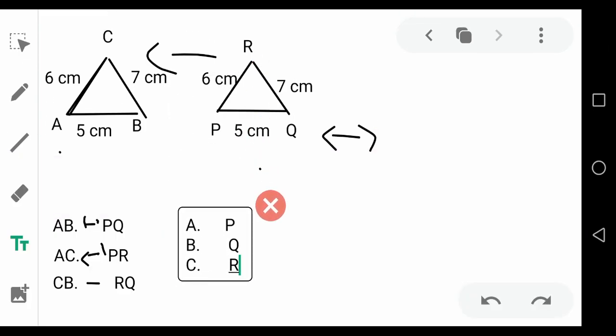So A will overlap over P, B will overlap over Q, and C will overlap over R.